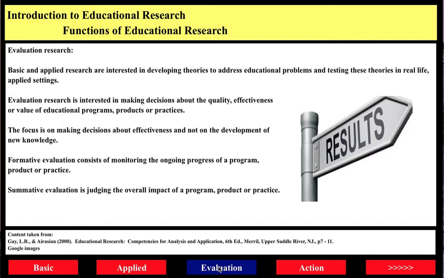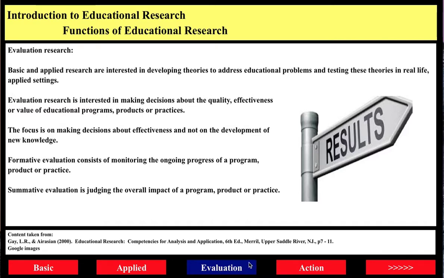And evaluation research is interested in making decisions about quality, effectiveness, or the value of educational programs or products or practices. And the focus is on making decisions about effectiveness and not on the development of new knowledge. Evaluation research is not interested in developing new knowledge.